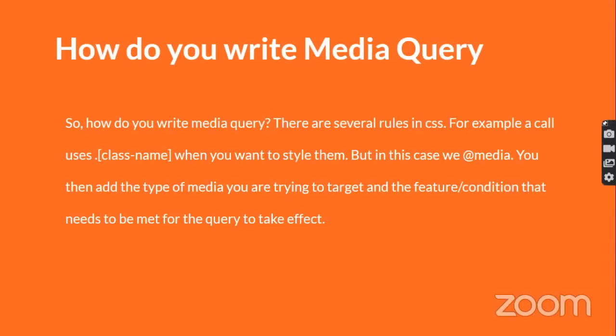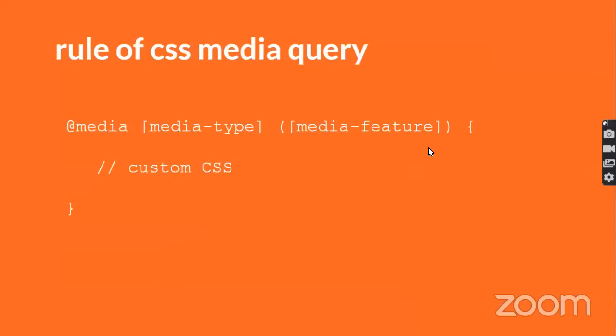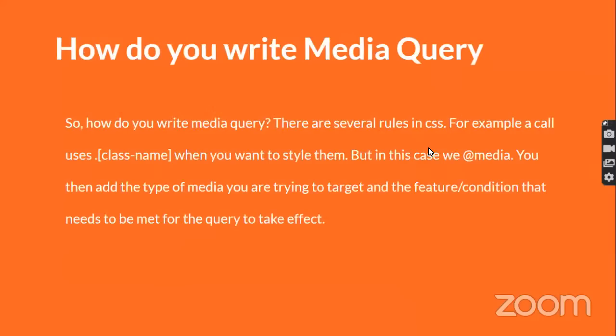But in this case, we use @media in media query. You then add the type of media you are trying to target and the feature condition that needs to be met for the query to take effect. So with this, as I already said, you are targeting the screen size. What viewport are you trying to style? Do you want this thing to change on this screen size?